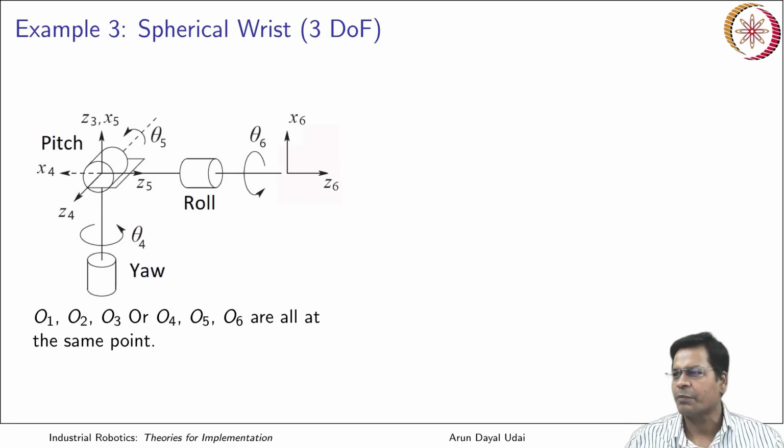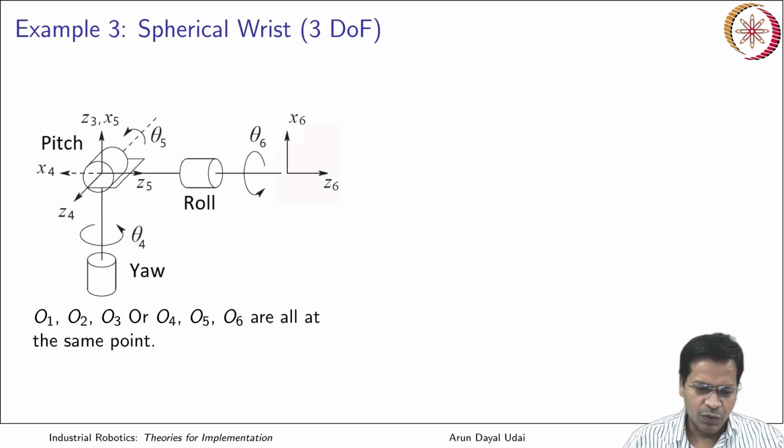This is the orientation part of it. This spherical wrist gives you the orientation, and the first 3 give you the position. So let us begin by placing the z axis first. This is part of the last frame of a 3 degree of freedom positioning system.